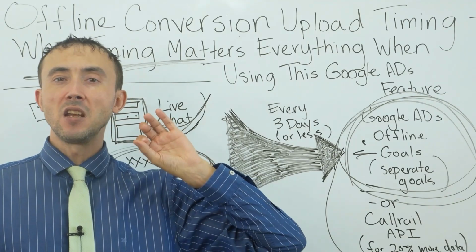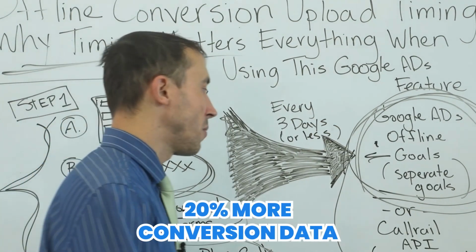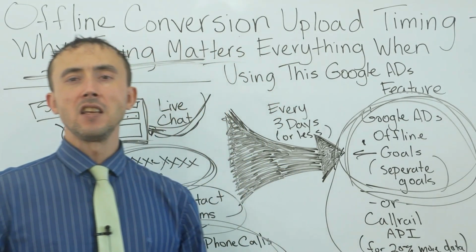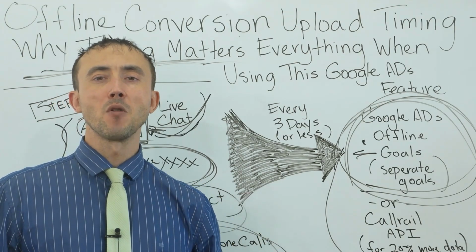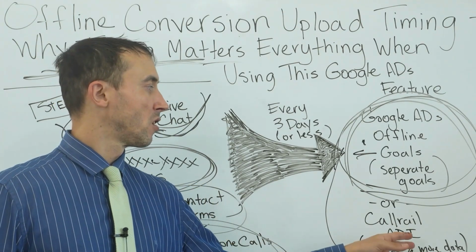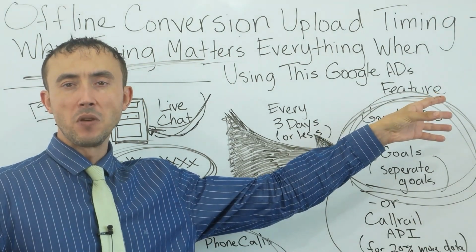That takes out the need for the Google Click ID altogether and gives you about another 20% more conversion data you would have got otherwise, because the Google Click ID is not there. It varies by niche market, but about 20% of the time overall, your Google Click ID isn't there. So you'll get 20% more conversion data using the CallRail API to send data to Google Ads through their API.